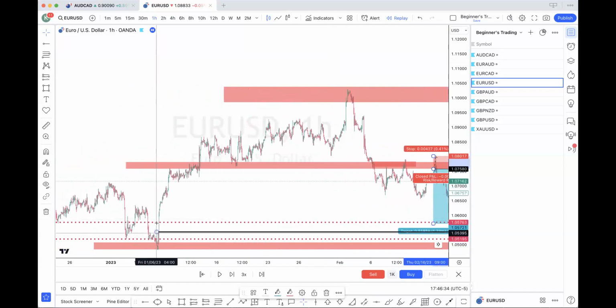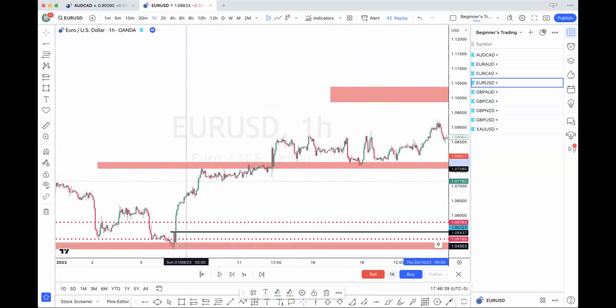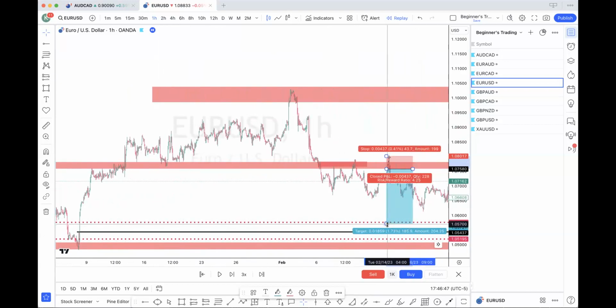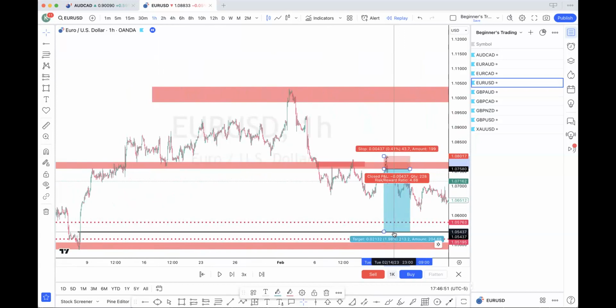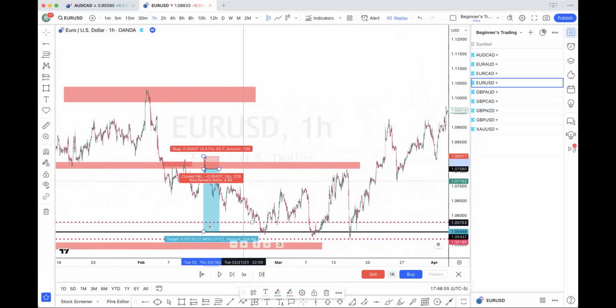We had an impulse move right here with an order block. There was some imbalance right here, but you could have taken your profit to this order block here. That was 213 pips. And that's what happened. It came to that order block.